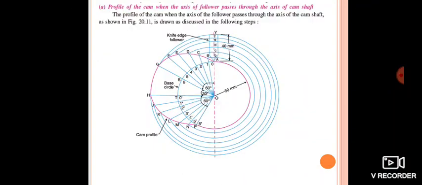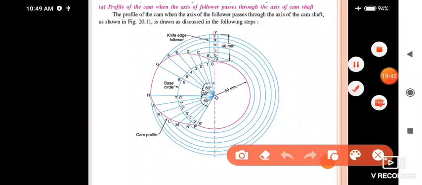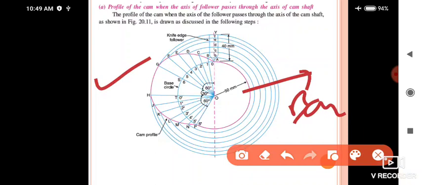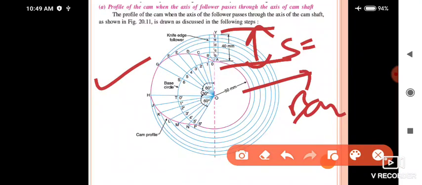Then next, drawing the cam profile. With the help of that displacement diagram only, you have to draw this cam profile. So here this one is the base circle. According to your given data, you have to draw the base circle and the follower, and the stroke length that is given, you have to draw vertically.